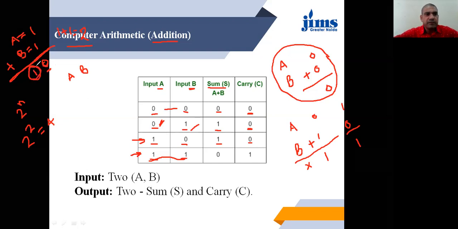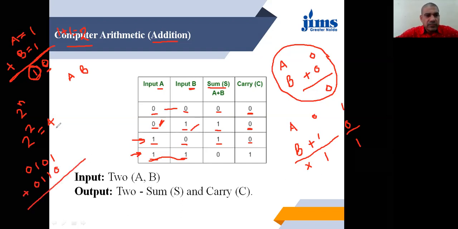In simple words, suppose we have a number 0101 and another number 0110, and I want to add these two numbers.